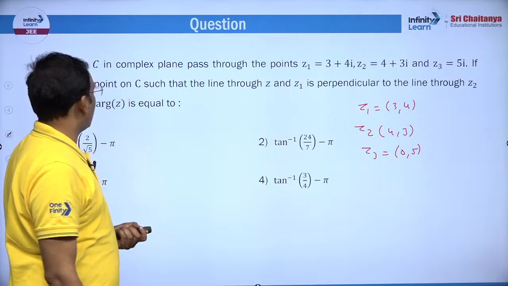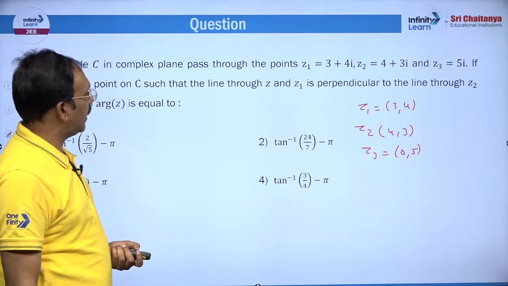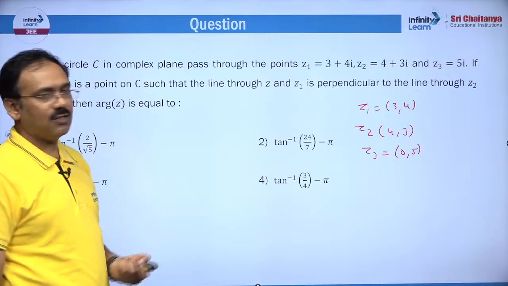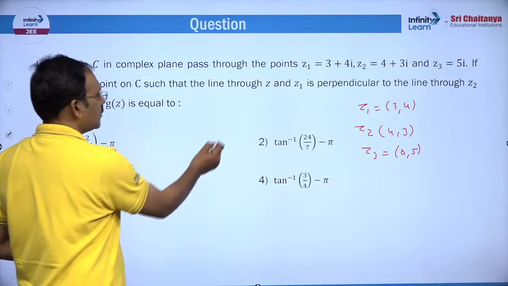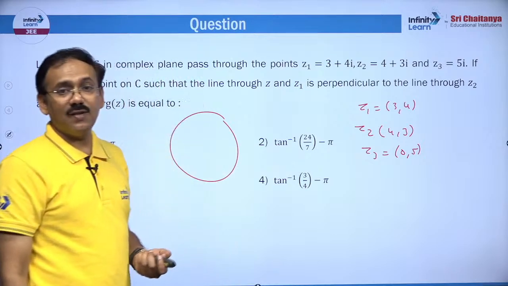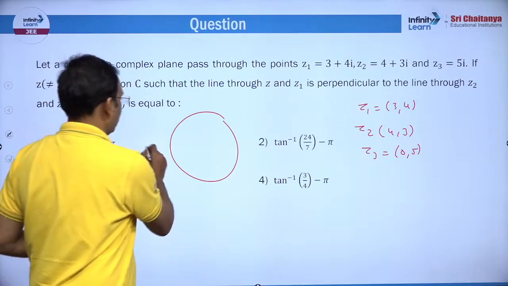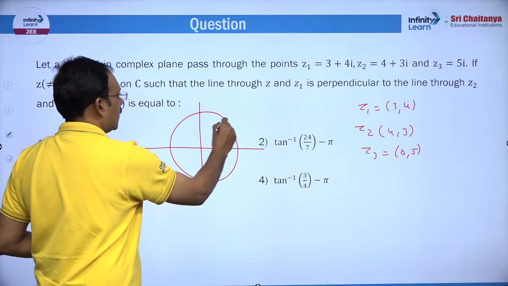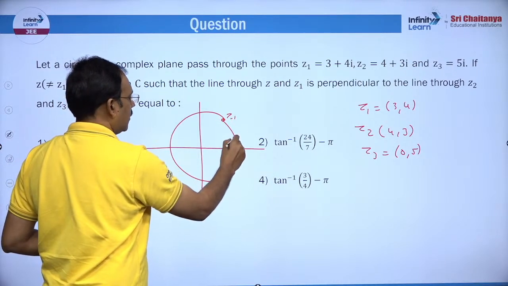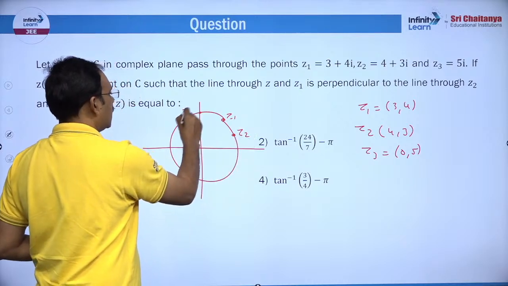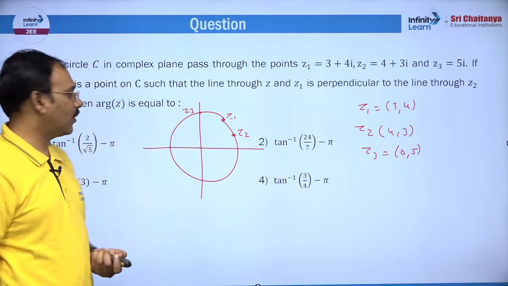If Z is a point on the curve C such that the line through Z1 and Z is perpendicular to the line through Z2 Z3, then find the argument of Z. You see clearly one observation is all the 3 points lie on a circle with center (0, 0) and radius 5. So, friends, this is say (3, 4) Z1, this is say (4, 3) Z2, and Z3 is here (0, 5). Okay.